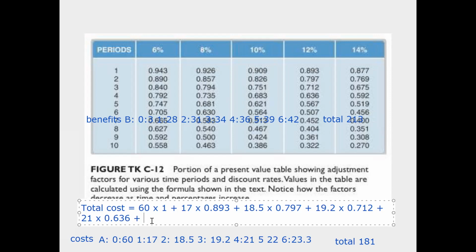Then 22 into 0.567. And finally, we have 23.3 into 0.507. So that is when you correct it to the present value with 12%.